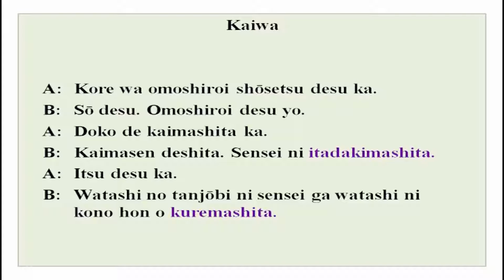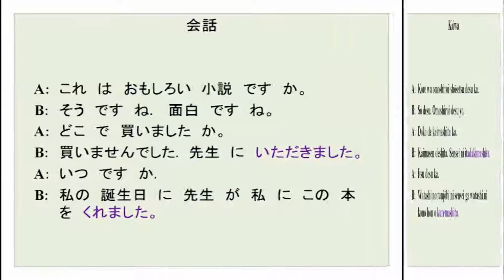Most of it you have done. There is a new word, kuremashita. That's what we are going to do today. We have done ageru, morau, itadaku and sashiageru. Now we will do kureru and kudasaru today. How it is to be done, how it is to be used, well, we will see right away.